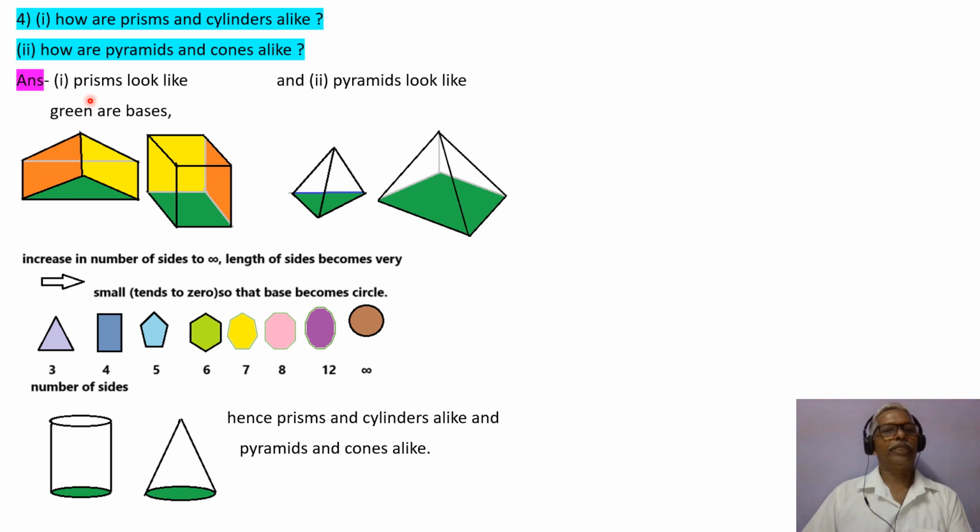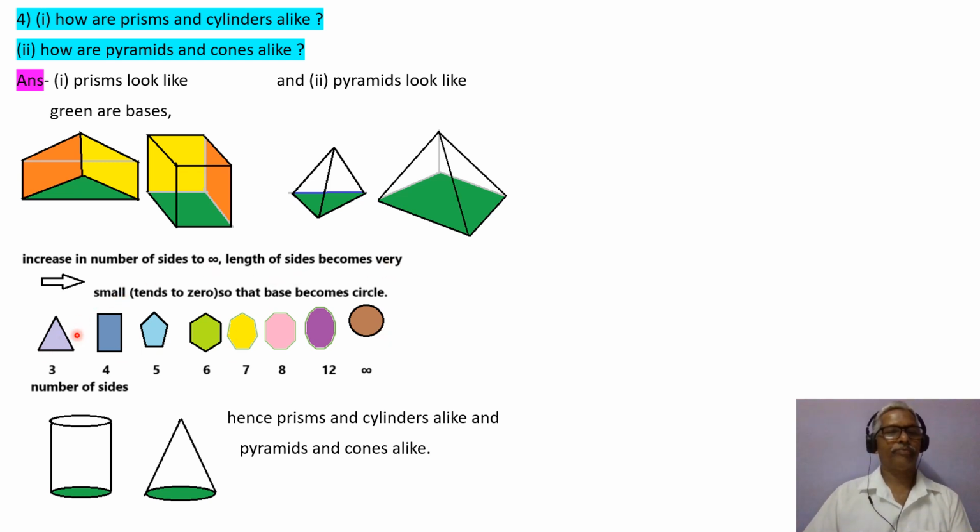First one, prisms look like this, this is a prism, this is a prism. Okay, and pyramids look like this. Then actually the comment comes, increase in number of sides of base to infinity, length of side becomes very small.